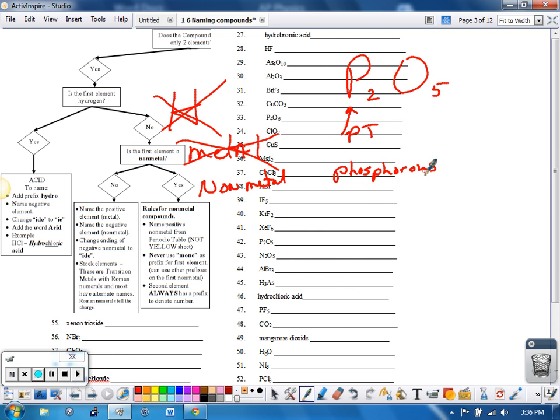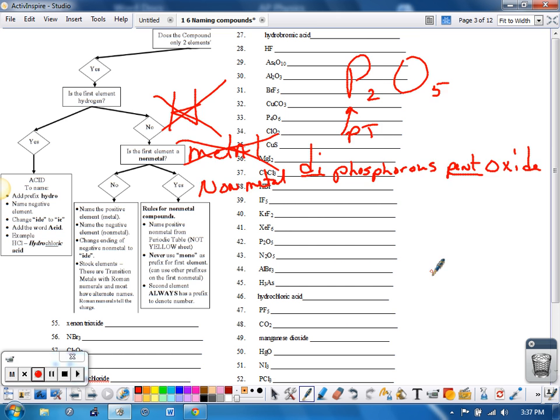Now, we may need a prefix. If it has more than one, we need a prefix. And since there is more than one, we put di. And then we have oxide, and it always has a prefix, and it's pentoxide. All right? So, diphosphorus pentoxide.